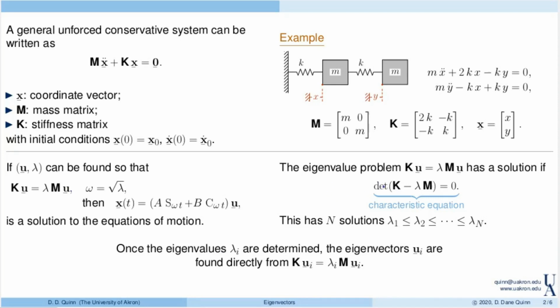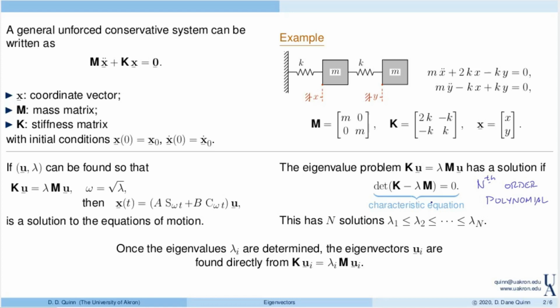How do we solve that? Well, we take the determinant of K minus lambda M, set it equal to 0. That's the characteristic equation, and it leads to an nth order polynomial which can be solved, and that leads to n different solutions, right? So remember, for example a third order polynomial would have terms that look like lambda cubed, lambda squared, lambda, and then a constant, and it has n solutions, right?